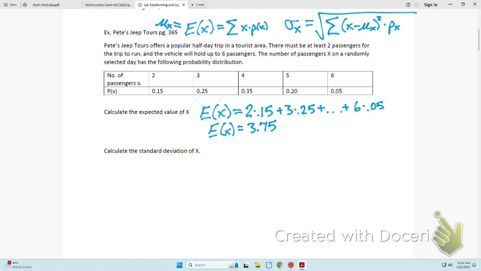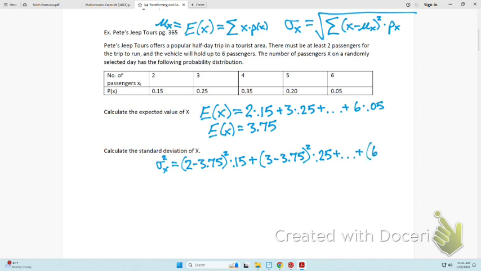For standard deviation, I find variance first, and you take each x minus the mean that we just found, square it, then times that x's probability. Here, let's do another one. 3 minus 3.75 times 3's probability. And let's skip to the last term.